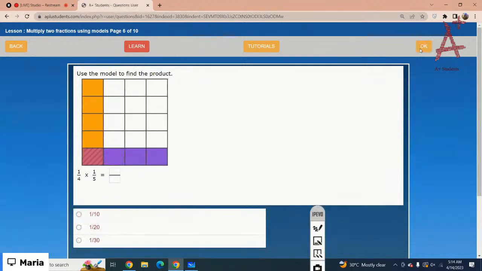Okay, the next one is 1 by 4 times 1 by 5. So which is the correct option?